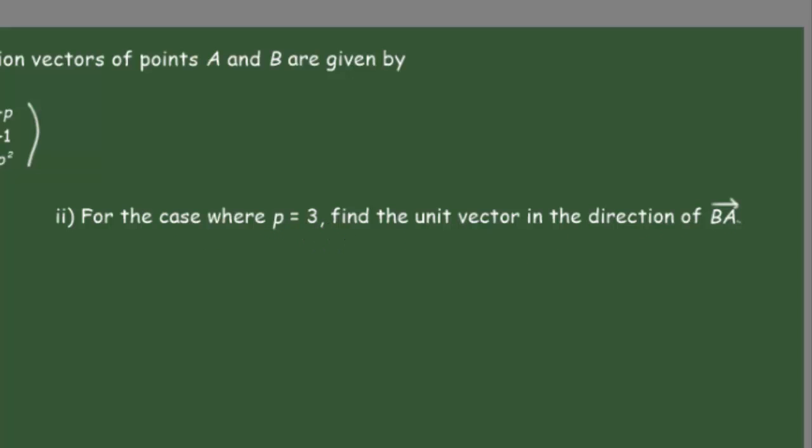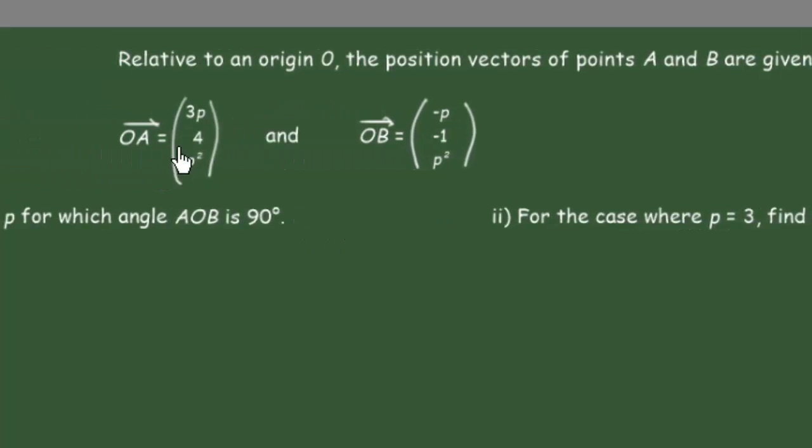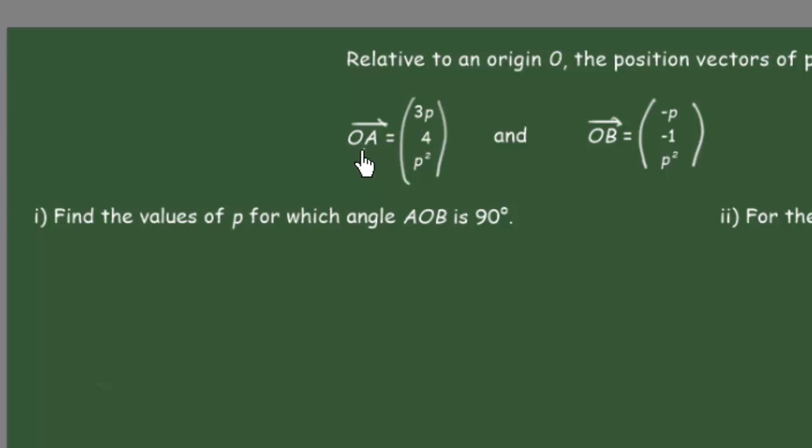To answer the first question, we will proceed by doing the scalar product of the two vectors OA and OB. So the scalar product OA · OB is going to be, we multiply the elements of OA and OB.